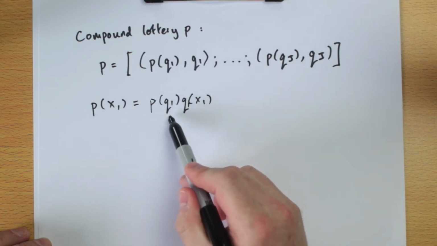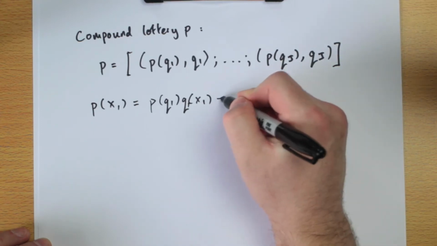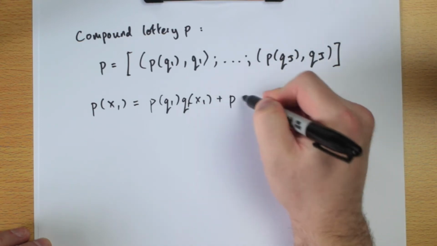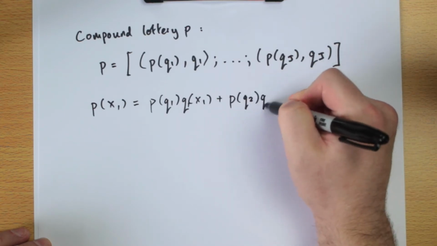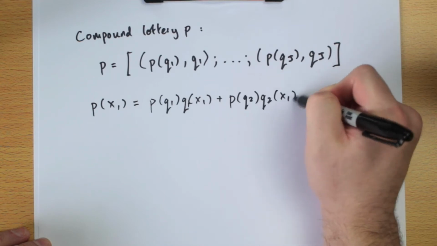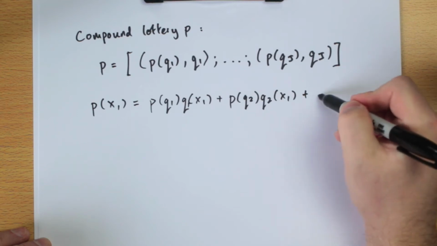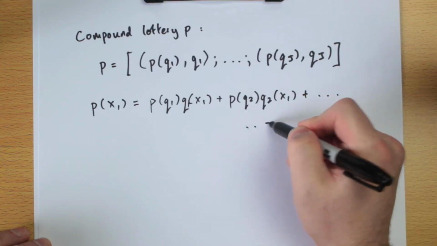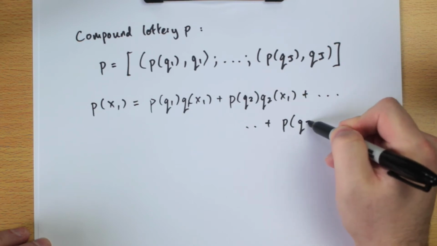Or with some probability, I get lottery Q2, and if I get Q2, this has probability Q2(x1) of getting prize x1, and so on, all the way up to the probability of QJ.